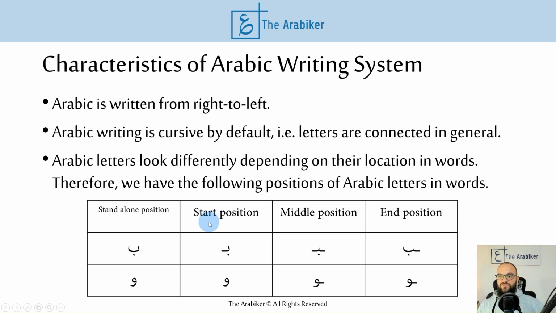And we have a start position where the word starts with this letter, for example, i.e., it connects with the following letter but does not connect with the previous letter.